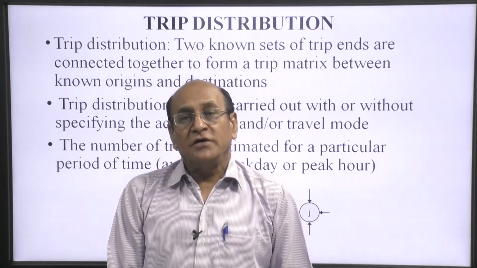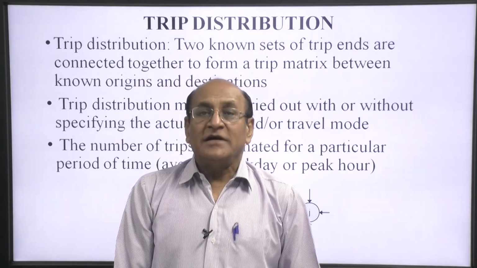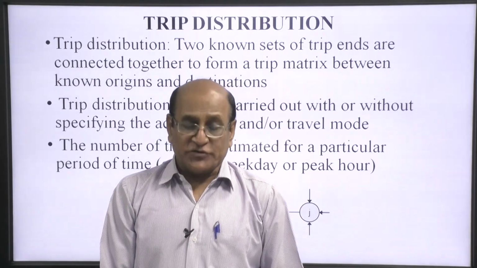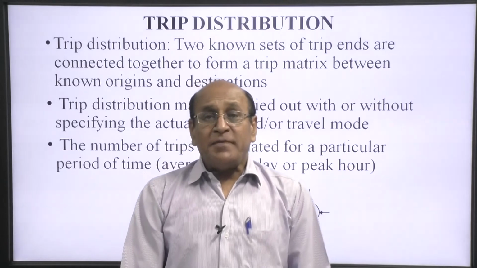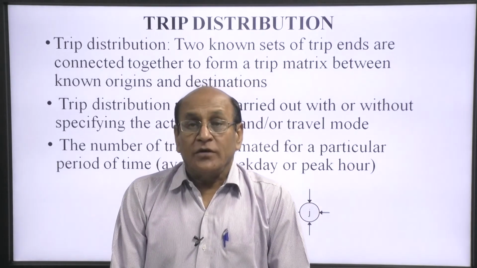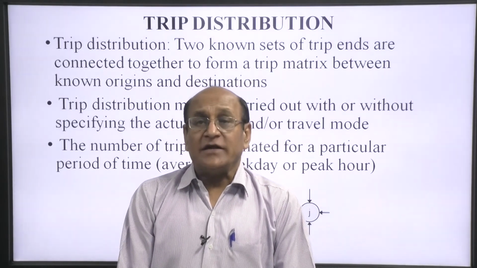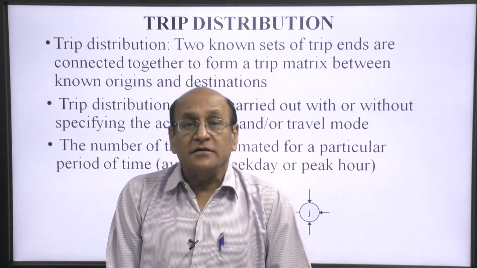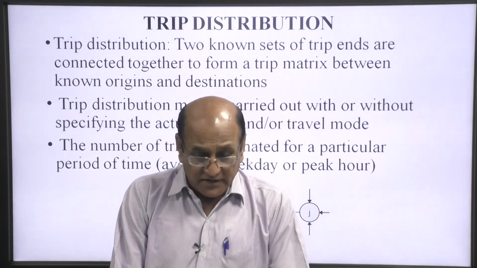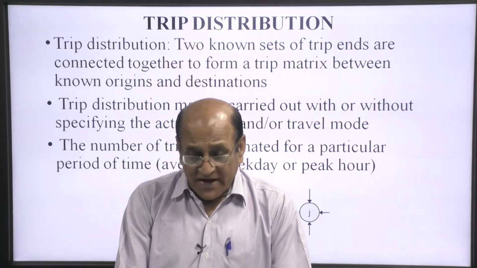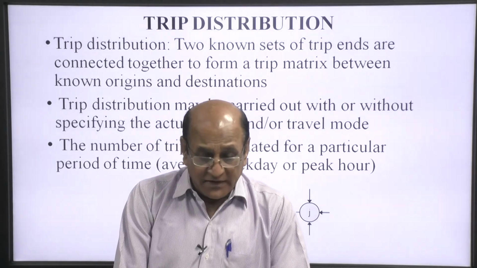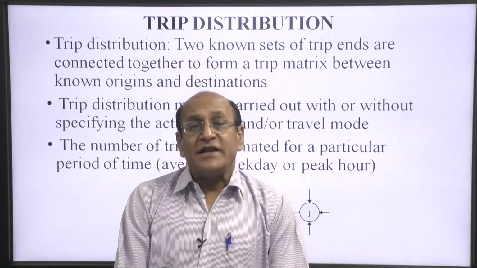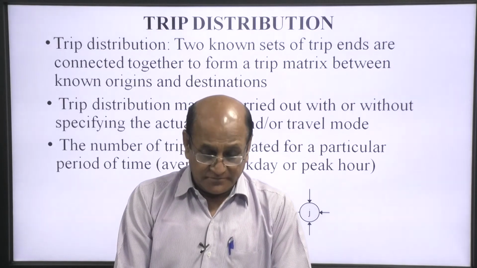Now, we come to the second step, that is trip distribution. In trip distribution, two known sets of trip ends are connected together to form a trip matrix between known origins and destinations.